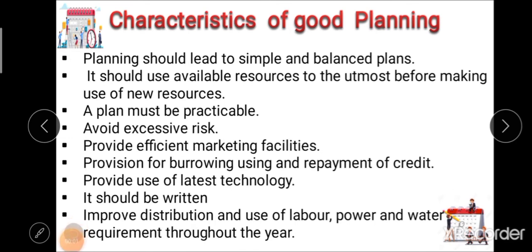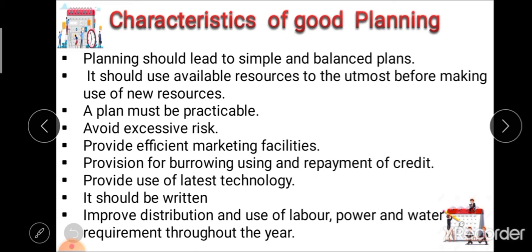Some other characteristics of a plan: planning should lead to a simple and balanced plan. Whatever your plan, it must be simple and also balanced. Then it should use the available resources to the utmost before making use of new resources. That means the plan must include whatever resources are available with that particular organization.